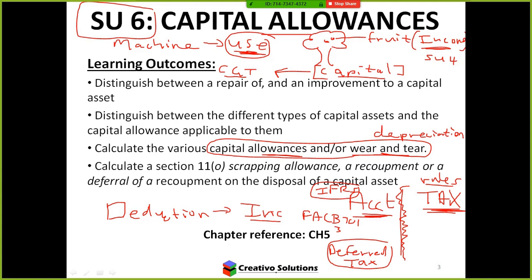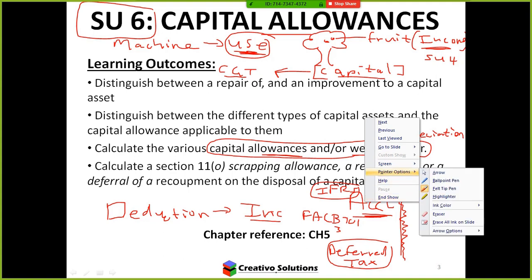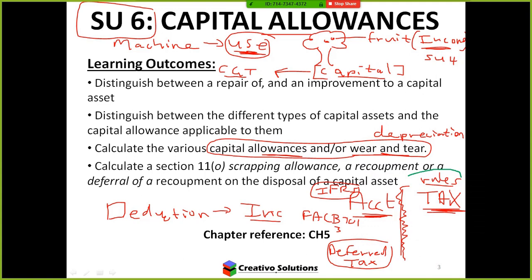What is SARS accounting for versus what we're accounting for in terms of IFRS? We don't have to worry too much about that because in this module, all we're going to be focusing on is the tax rules. You're not going to have to worry about the accounting.